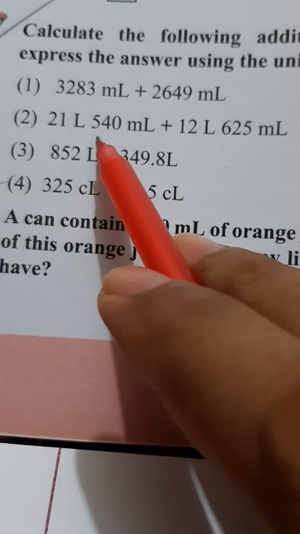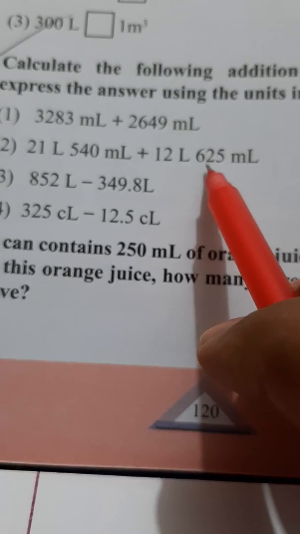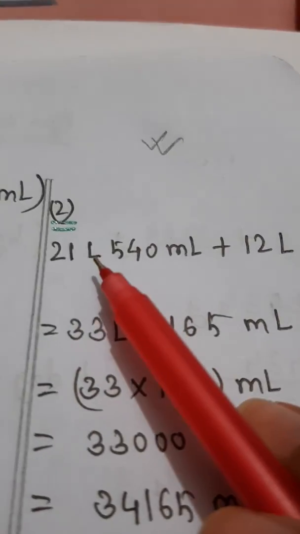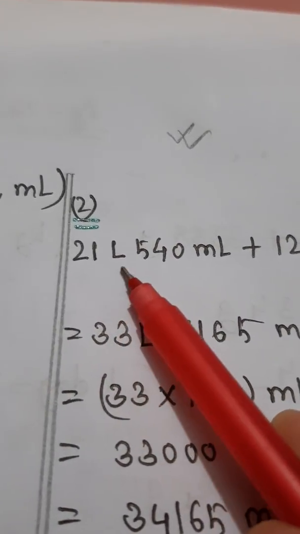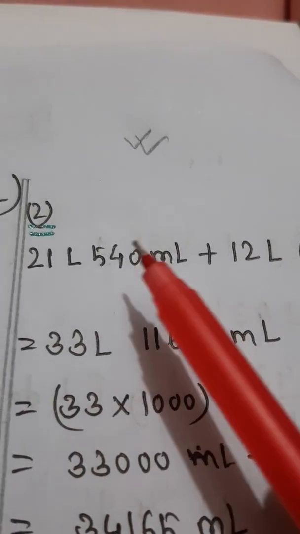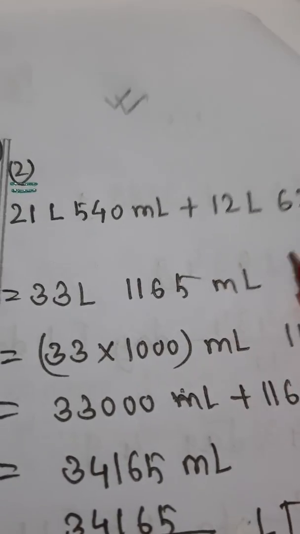Final answer. Question 2: 21 liter 540 milliliter plus 12 liter 625 milliliter. At first we convert these two numbers to milliliter. Look at this, 21 liter and 12 liter, we add, 33 liters, and 540 milliliter and 625 milliliter, we add, 1165 milliliter.